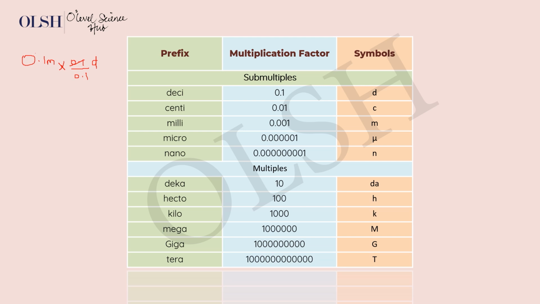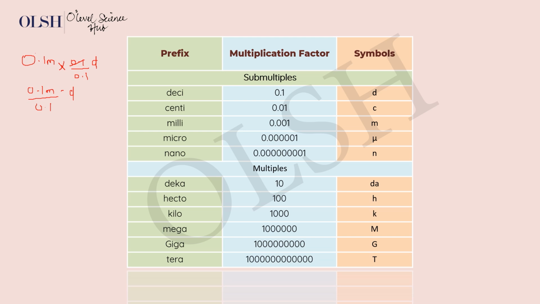So what we then have will be 0.1 meters divided by 0.1, multiplied by d.